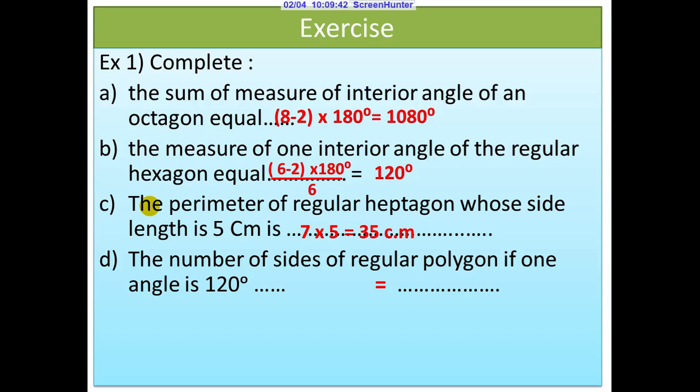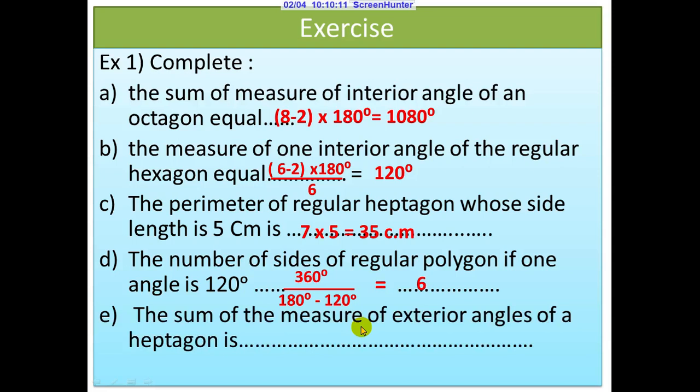I am sure we must use the rule which says 360 over (180 minus x degree), and we must replace x by 120, to be like that, 360 degree over (180 degree minus 120 degree) to find the number of sides. It will be equal 6 sides. It means it will be a regular hexagon.